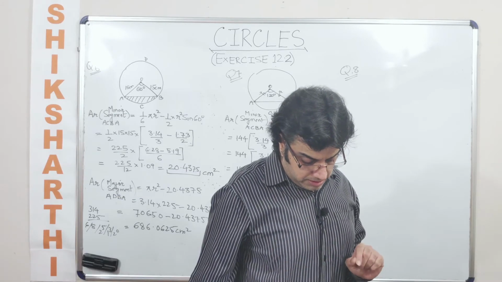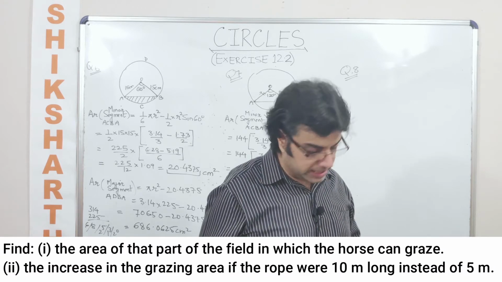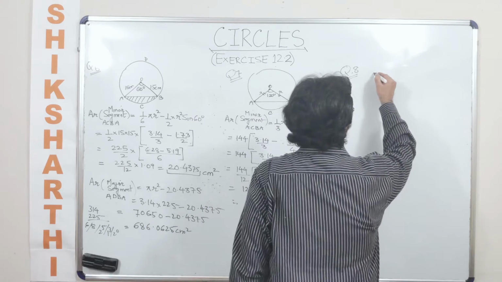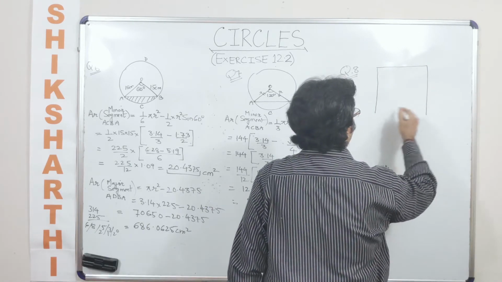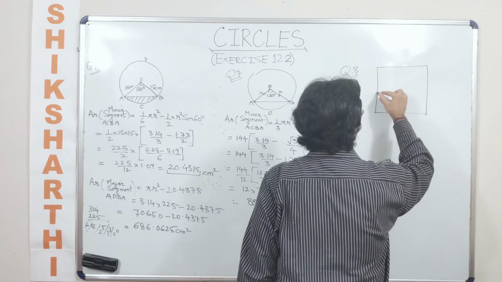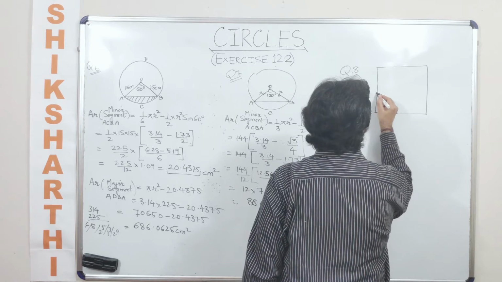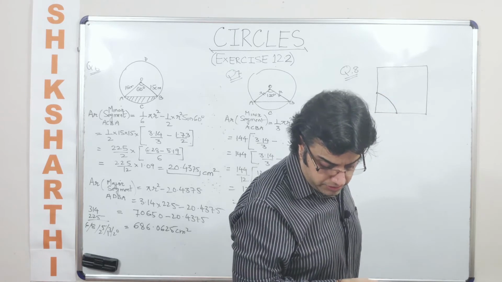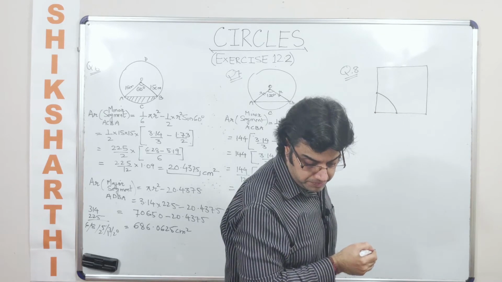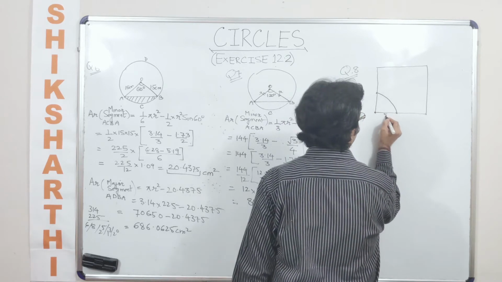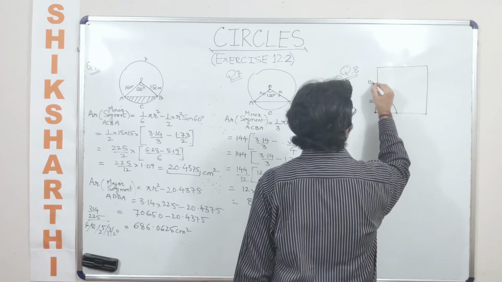Find the area of the part of the field in which the horse can graze. The horse is pegged at one of the corners such that this is 5 meters, this is 5 meters, and this remaining would be 10 meters.